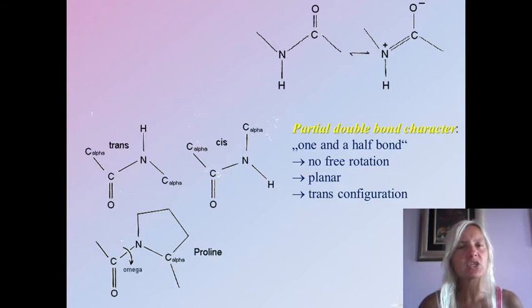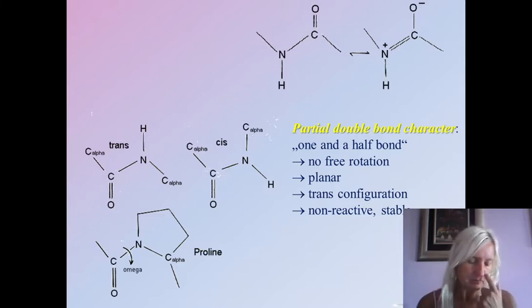Cis configuration can be found only if small amino acids are involved in the formation of such a bond, like glycine or alanine or something smaller. And the last property of the peptide bond, which arises from its structure, is its reactivity. The peptide bond is highly non-reactive, very stable and resistant to the action of numerous reagents.